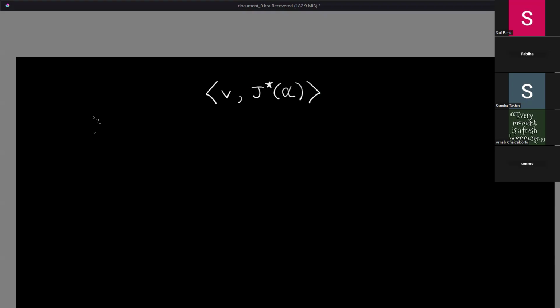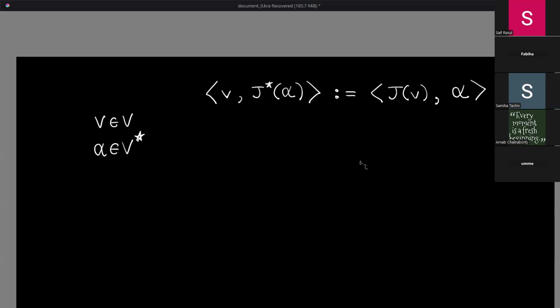So v is an element of V, and alpha is an element of V star. And by definition, this is equal to ⟨J of v, alpha⟩. This is how we're going to define it.